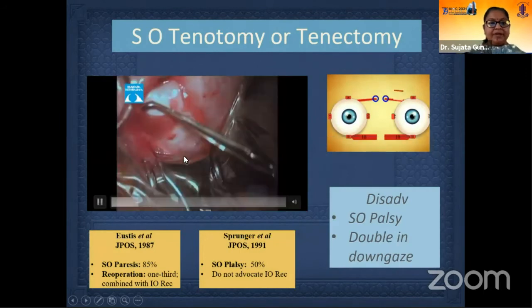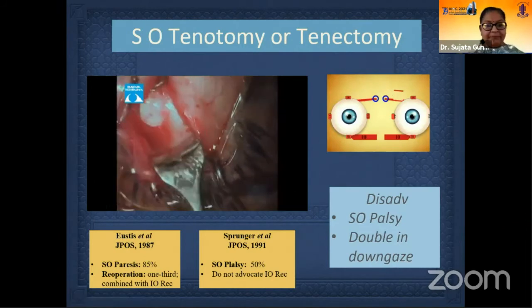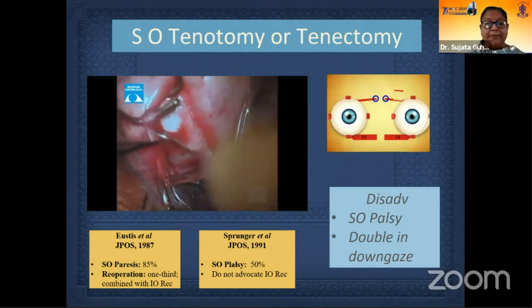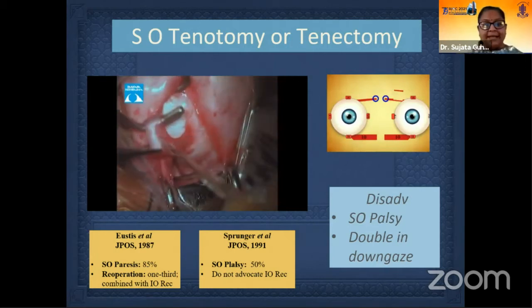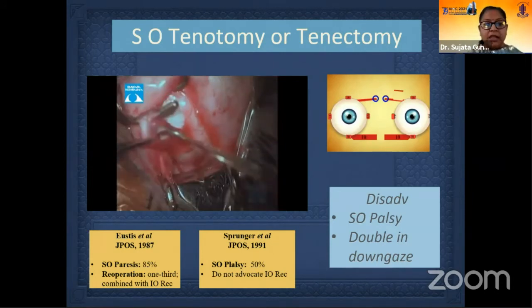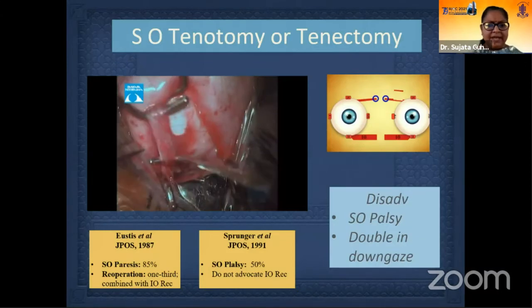Here you can see we are showing a posterior tenectomy. The disadvantages of tenotomy and tenectomy are the development of superior oblique palsy, and sometimes the patient can land up in down gaze, which is a little more troublesome than the disease itself. So largely the tenectomy has been given up.